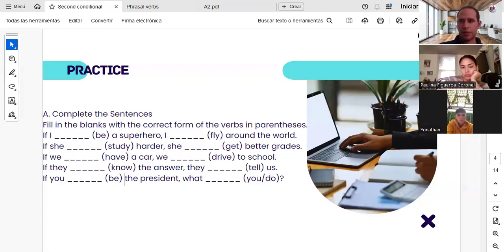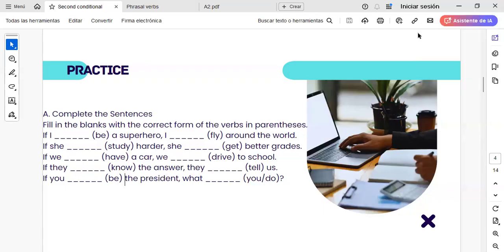Let's continue. Okay, give me a moment. I'm going to take the attendance and then we can continue. Okay, smile for the photo. Thank you, guys. Give me a moment and then we can continue. Do you know what happened with your classmates, Leonardo and Nayeli?